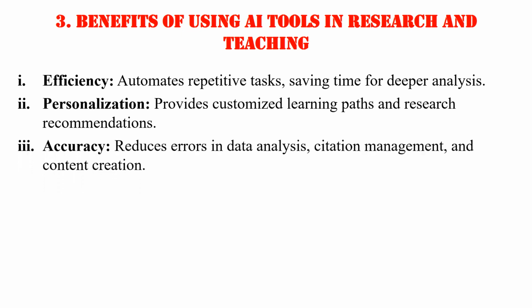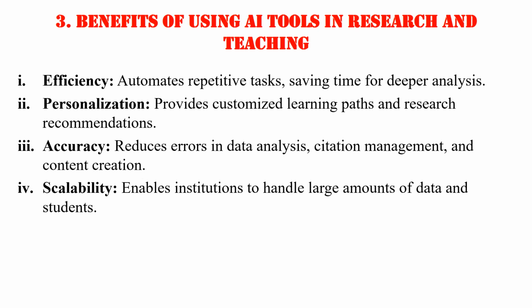We talk about accuracy, whereby errors are greatly reduced. Citation management is done very correctly within your research paper, and content is created very well, related to what you really want. Even if you have created yours manually and you want to summarize and streamline it, you can use the tools.